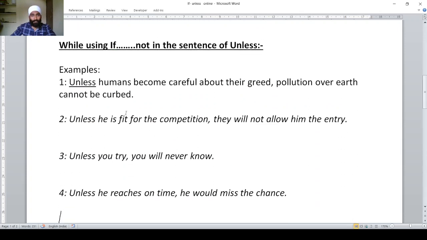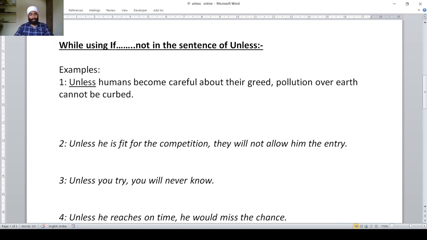So which changes do we have to make while using if not in the sentence of unless? Let us see. In today's session, we just learn how to use if not in the sentence of unless. In the next video, I will show you how to use unless in the sentence of if not.